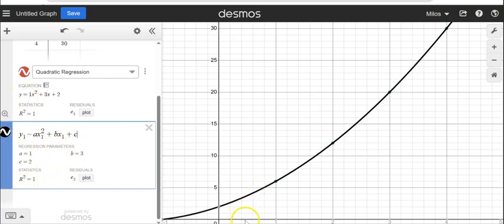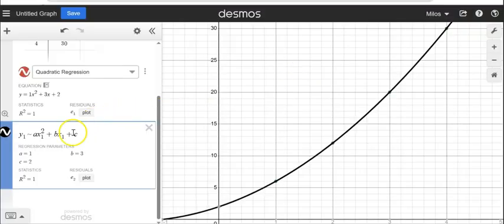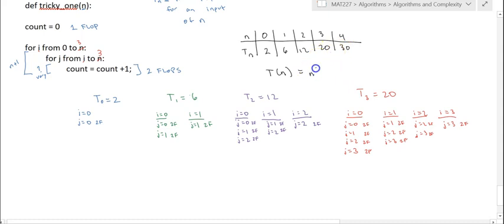So we have that our time complexity function, which I'll just refer to now as T of n, is equal to n squared plus 3n plus 2. And the order of that time complexity function is, of course, quadratic, which is the dominant term here. So we have a quadratic order.